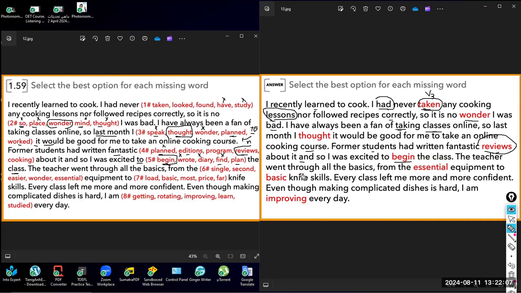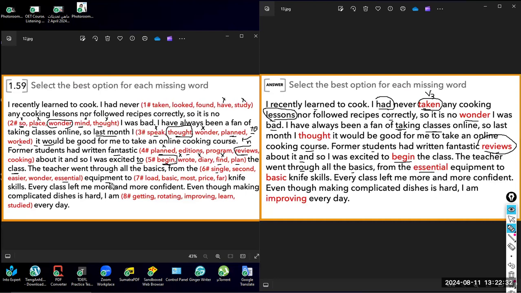The teacher went through all the basics from the essential equipment to basic knife skills. So we notice here that I have to say essential. Now, guys, if you want to read the full sentence, the teacher went through all the basics from the single equipment.